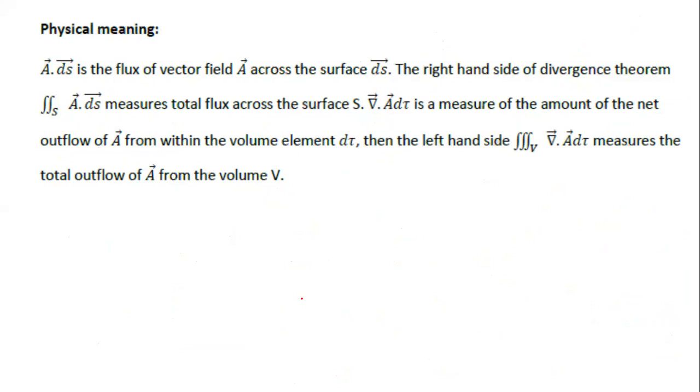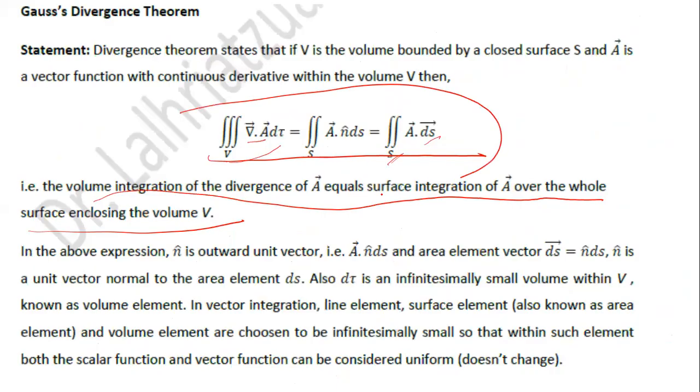Okay, so what is the physical meaning of the Gauss divergence theorem over here? On the left side, we have divergence of A. When we talked about it last week, we said that the divergence of a vector field is finite or non-zero when you have a vector field which is having net outflow or net inflow, right? So divergence of a vector field will represent the net outflow of a vector field over a certain volume.